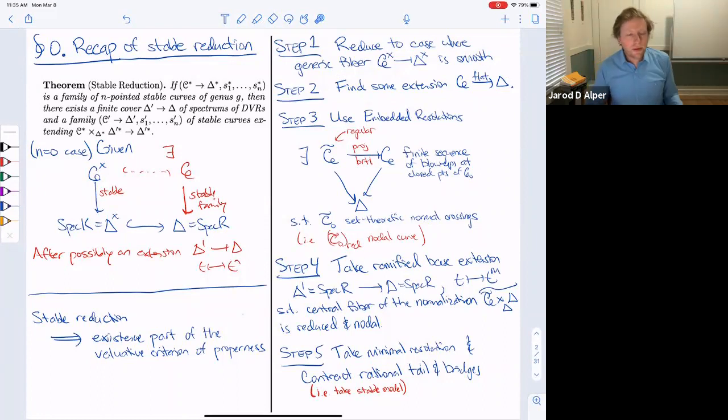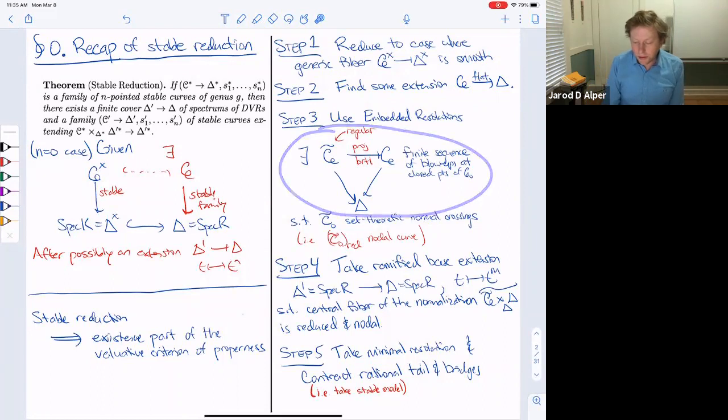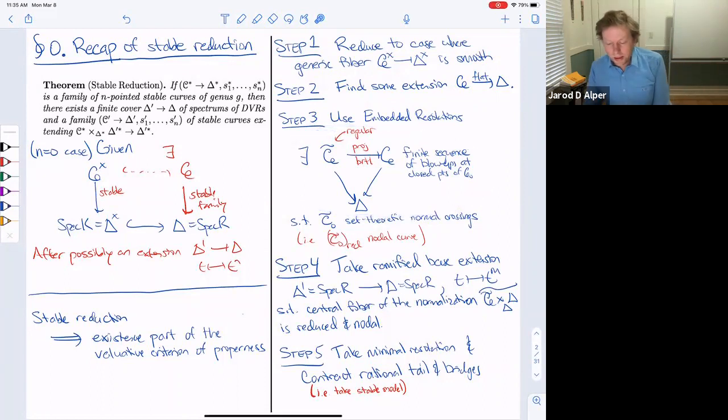And then C is now a surface. It might be a singular surface, and you might have no control over the central fiber. So then you use embedded resolutions to find a smooth surface, C tilde, dominating C, and such that the central fiber is then set theoretic normal crossing.